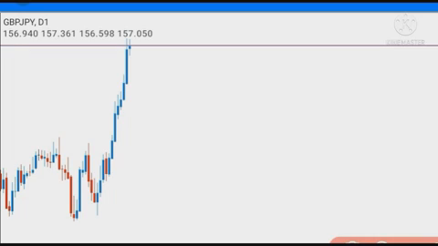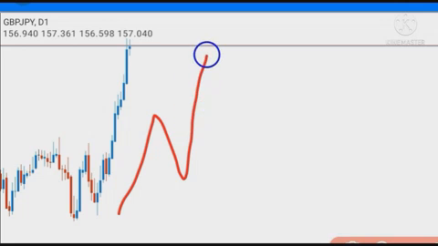Now, when we talk about market structure, we are talking about something like this. Take a look. Price coming up from a high, a higher low, a higher high, a higher low, a higher high. You see that? That is an uptrend.